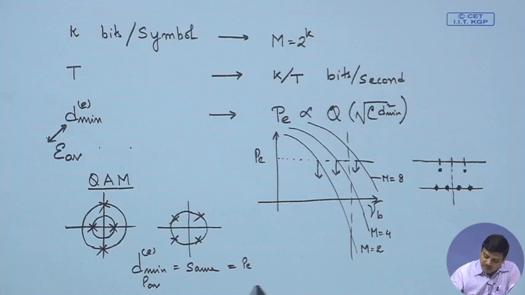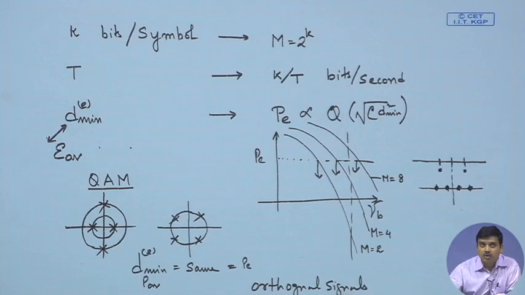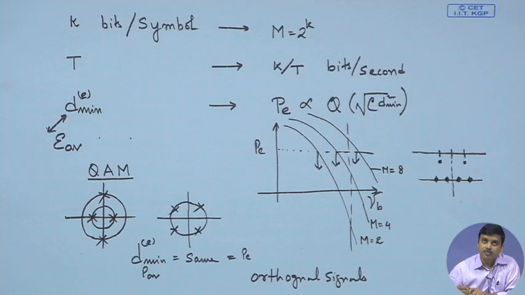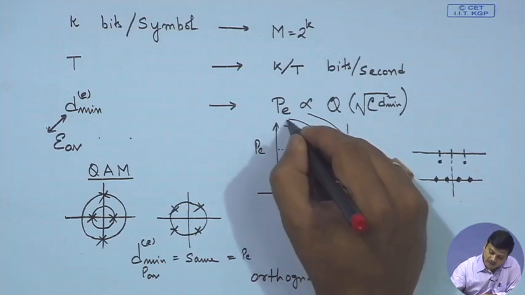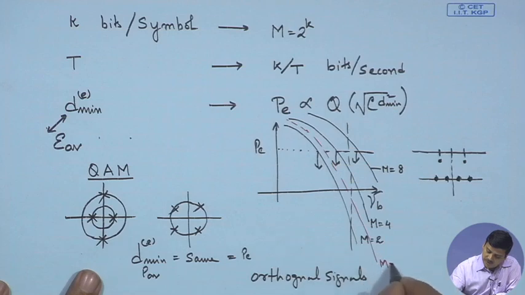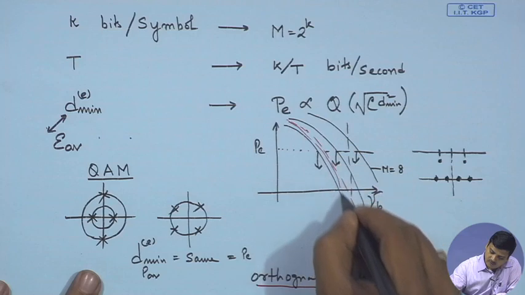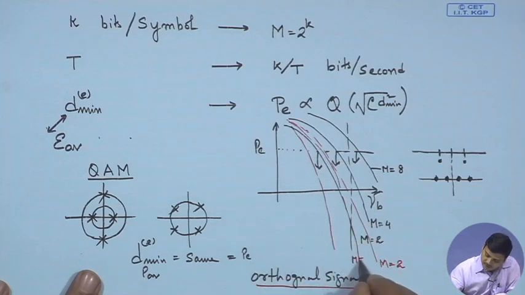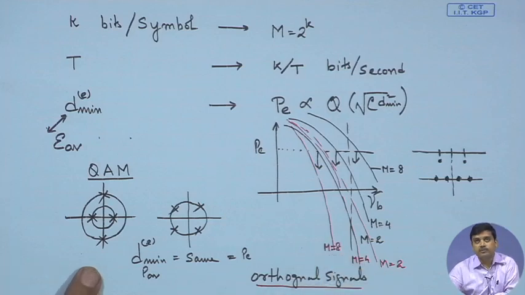Whereas, when we studied orthogonal signals, what we found is that the probability of error curves behaved in a different way. So, if this was the probability of error for M equals 2, for M equals 4 it could have been here, M equals 8, and so on and so forth.